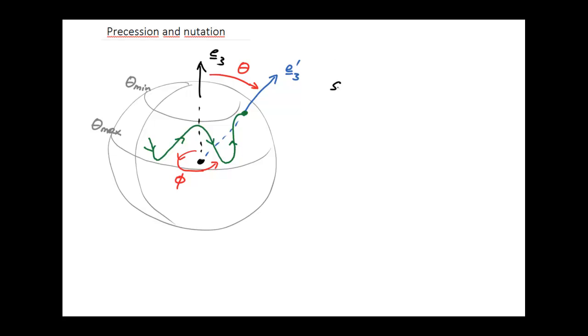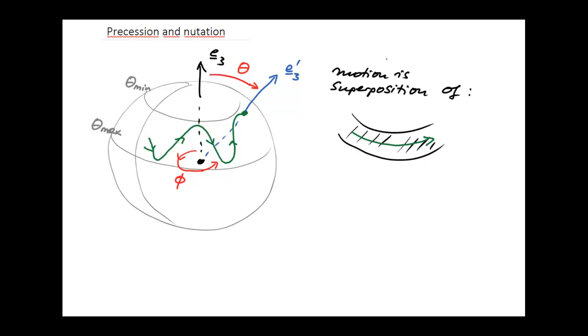It's a superposition of two types of motion. One is the rotation around E3, which would be the precession of E3 primed, i.e. the figure axis around E3.